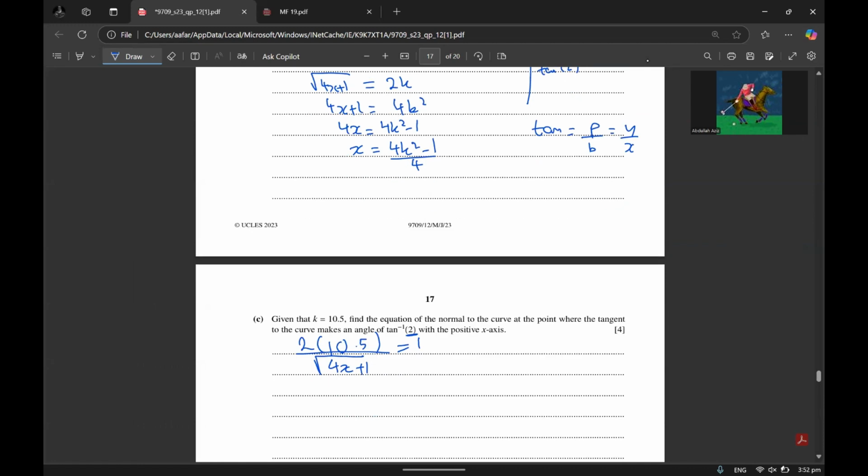So it becomes 21 becomes 4x plus 1, 4x plus 1.